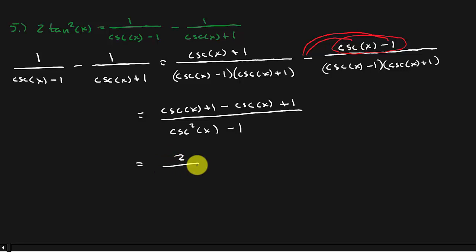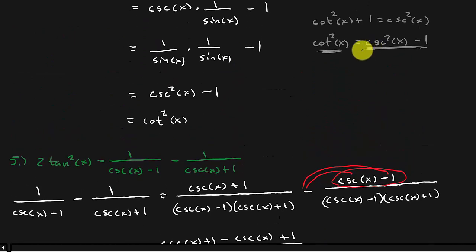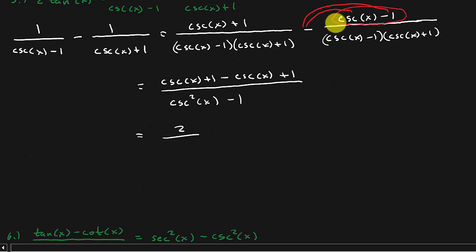Now let's see, what am I looking to get? I'm looking to get tangent. And I notice here this cosecant squared minus 1. Well, we just did that, didn't we? See, the cosecant squared minus 1 is cotangent squared. So let's write that as cotangent squared x.